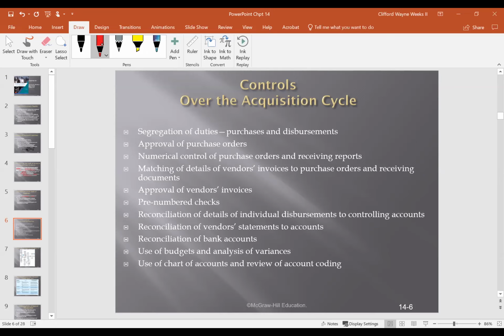A lot of what she was doing would have been caught had there been segregation of duties, segregation of the reconciliation of details of individual disbursements. It's a really good thing, and I highly recommend you guys watch it. It has a lot to do with beautiful horses and beautiful countryside and whatever. So take the time and watch that, please.